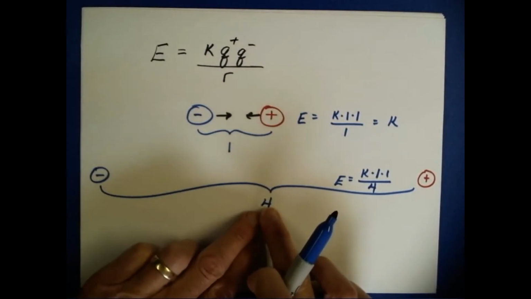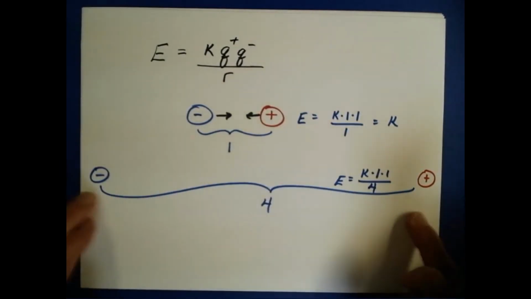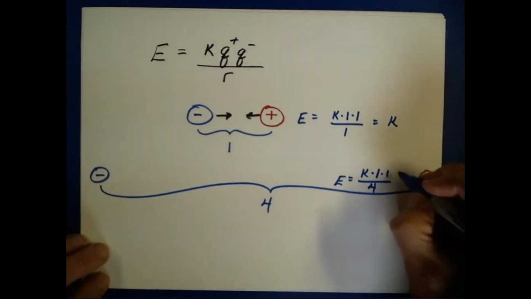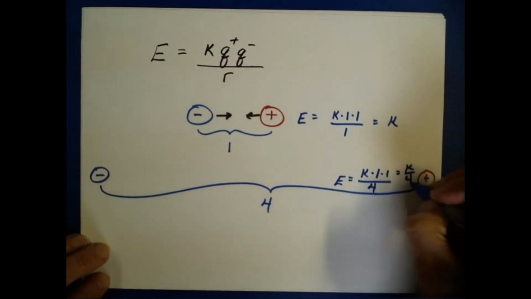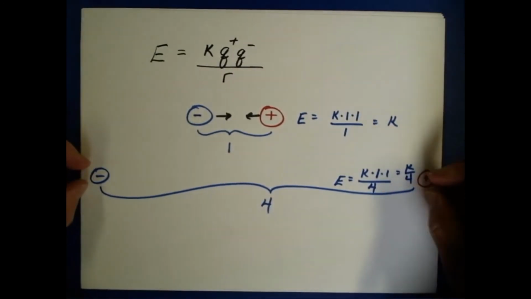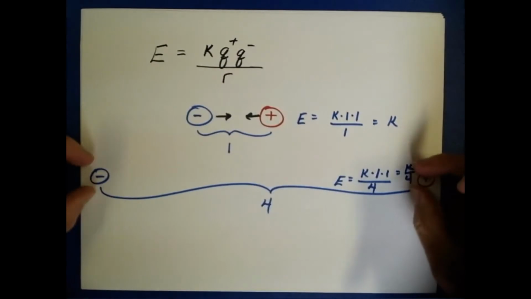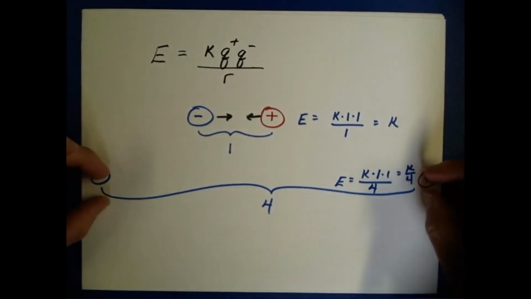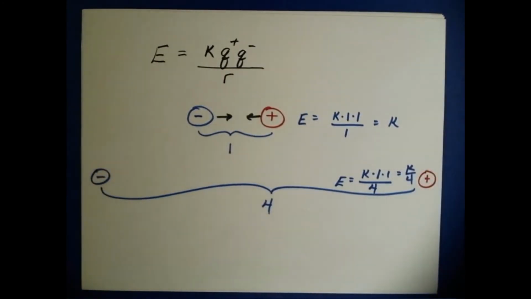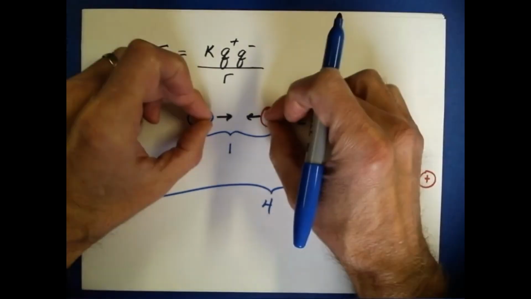And so when we separate the two charges by a distance of 4, that's K over 4, or a quarter K. The energy associated with these two ions attracting is going to be 4 times smaller, so it's 4 times easier to separate these than these two here.